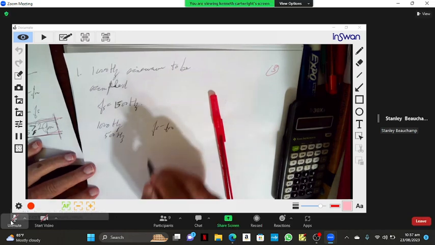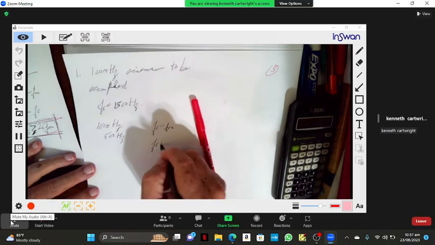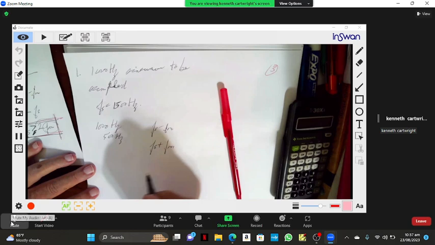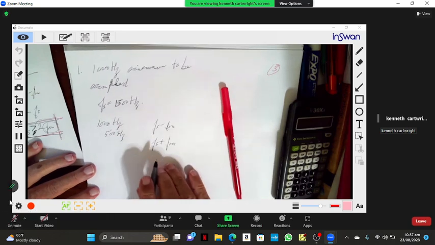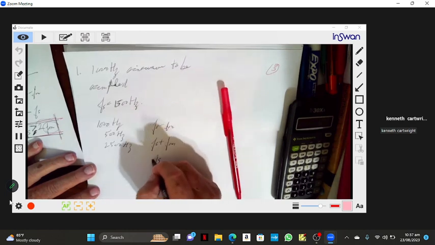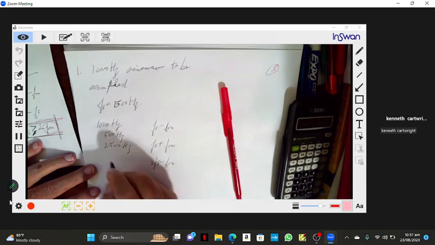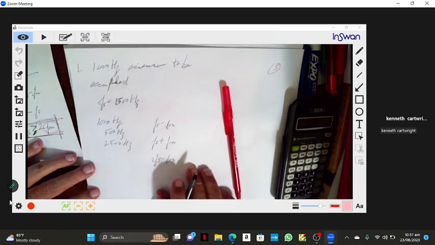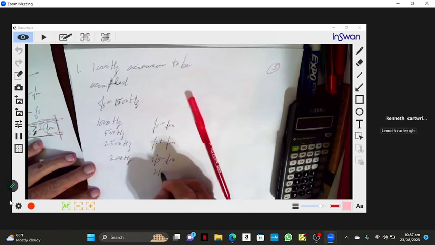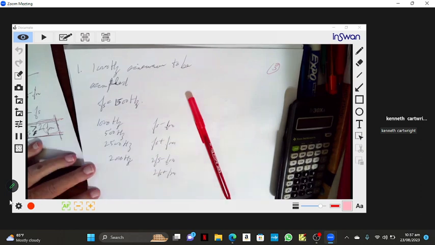FS plus FM is 2,500 hertz. 2FS minus FM is 2,000 hertz. Yes, 2,000 hertz. 2FS plus FM is 4,000 hertz.